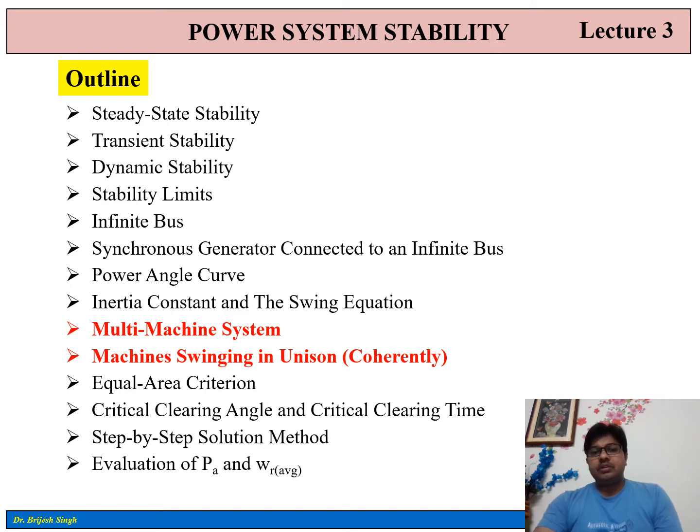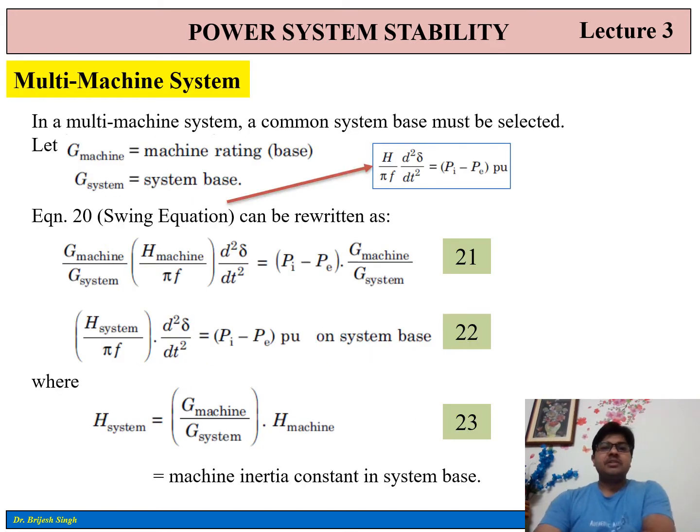So the first topic is the multi-machine system. In a multi-machine system, the common system base must be selected. If we are talking about the multi-machine system model, then firstly we have to assume that there are several machines connected with the network, and for all the machines the base is common, or the power base means the MVA rating of all the generators.